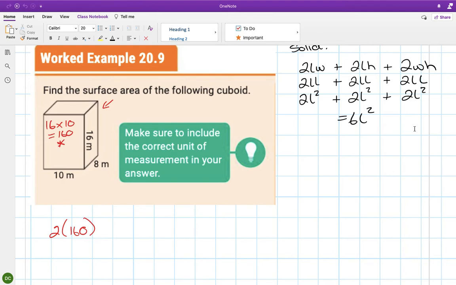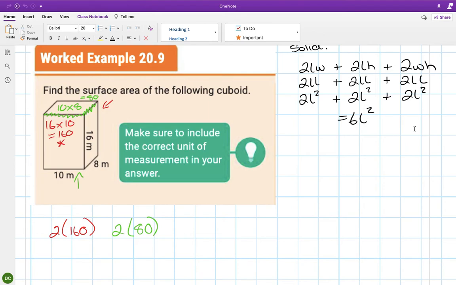We'll do the top. So the top is, this bit here is 10. And this bit here is 8. So 10 by 8 is 80. And again, that's the top, but we also have the bottom. So it's going to be 2 times 80.